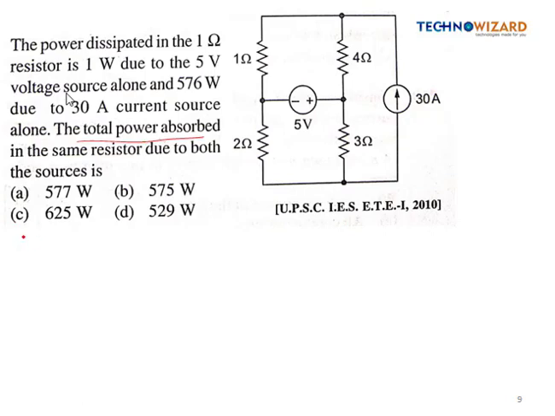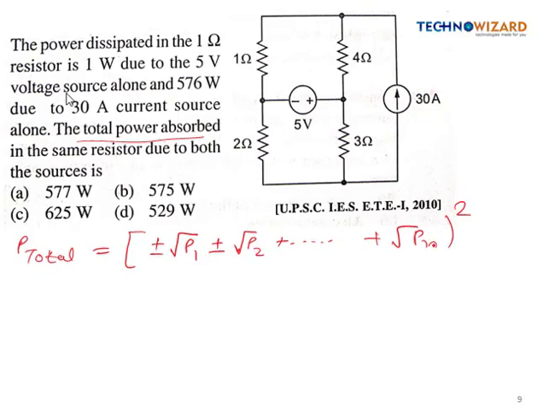Basically this is a question of the superposition theorem, right? The formula to calculate the total power consumed due to both the sources is given by: total power is equal to (plus minus root P1 plus minus root P2 plus so on plus root Pn) whole square, where P1, P2, up to Pn are the power consumed in the same resistor due to different sources.